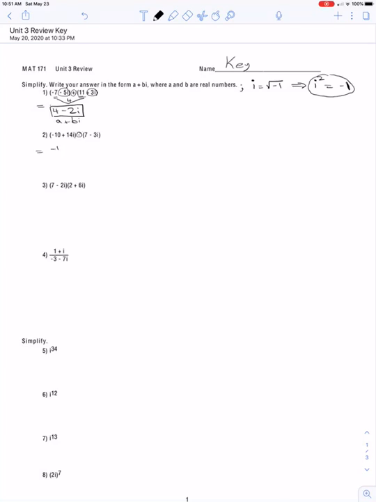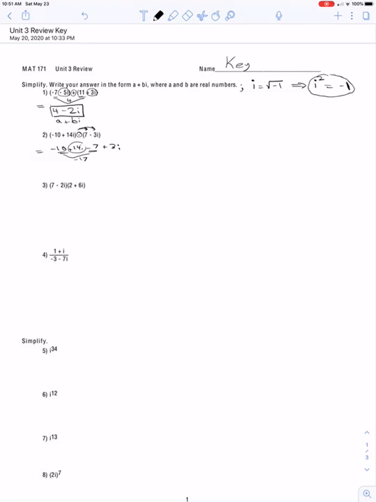So as we do that, we get -10 plus 14i. We need to go ahead and distribute that minus sign through. So we have a -7 and a minus, which becomes a plus 3i. Be careful with that as you distribute to both parts of that complex number. And then we add up our like terms. So we got a -17.